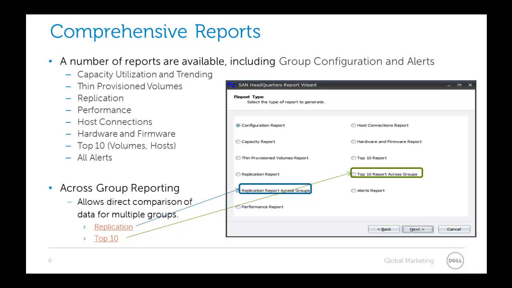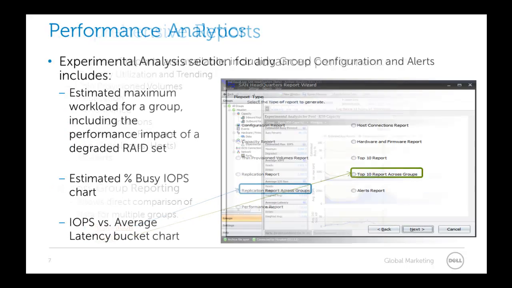Reports like capacity utilization and trending, thin provision volumes if you're using thin provisioning in your storage groups, replication information and reports, performance, host connection reports in terms of how many connections you are using in the EqualLogic SAN, hardware and firmware updates and information in that regard, as well as a top 10 which is definable by the user. And then there's also multi-group reporting or cross-group reporting capabilities for replication and the top 10 feature.